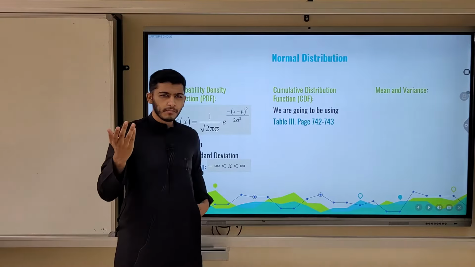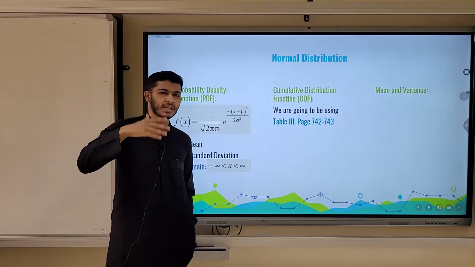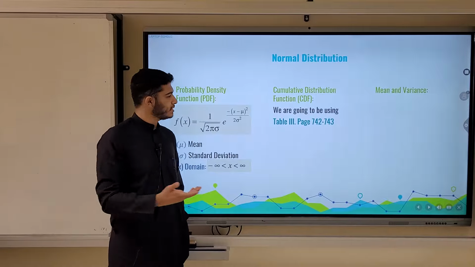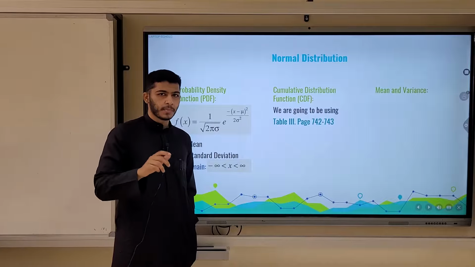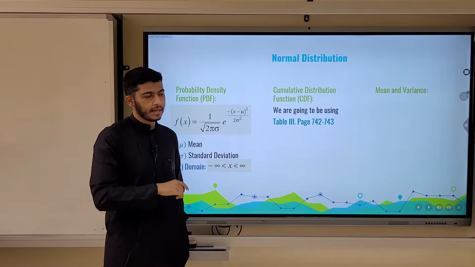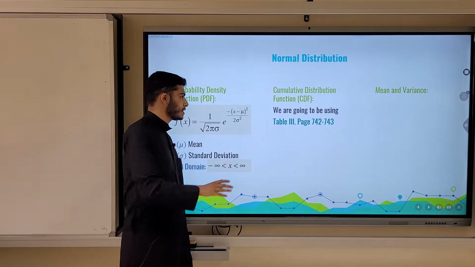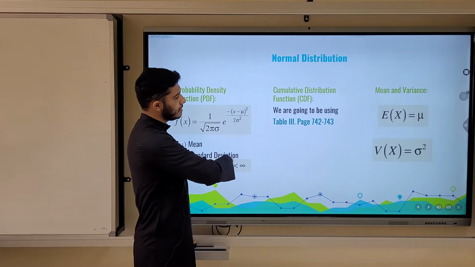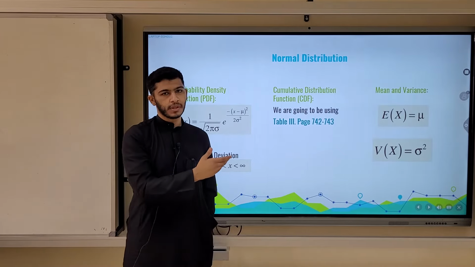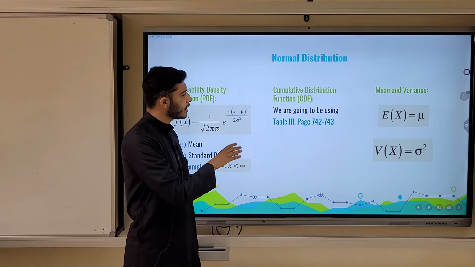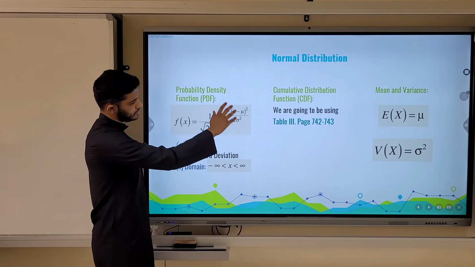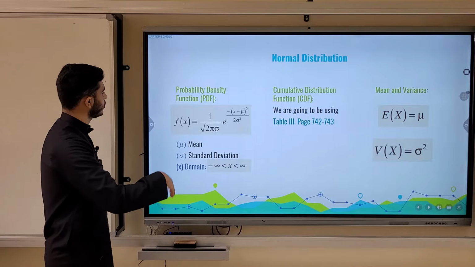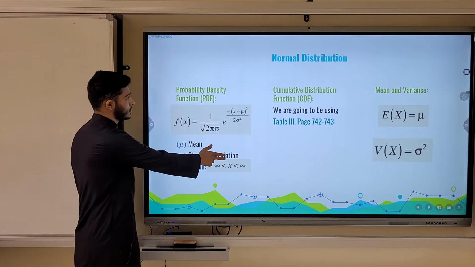It's actually one long table that extends over 2 pages, but you know, this is it. One is for the negative numbers and one for the positive numbers, and we're going to see what all of this means later. Don't worry about it. The mean and the variance, I just put them for the symmetry of the slides. You are going to be given the mean and the standard deviation in the question, so I just put them for aesthetic purposes or something like this, whatever.